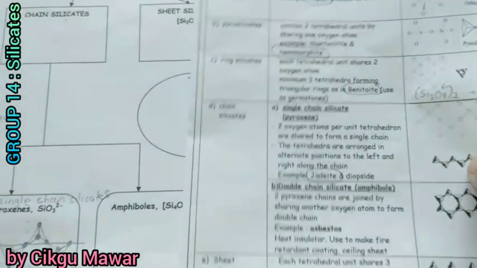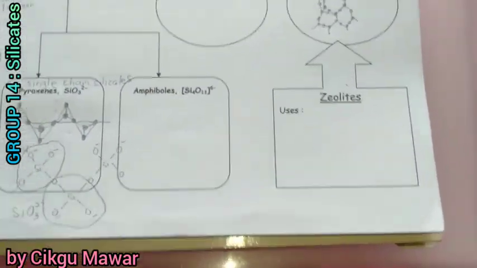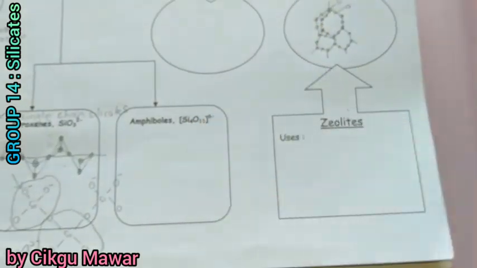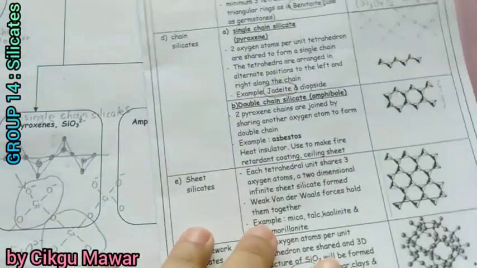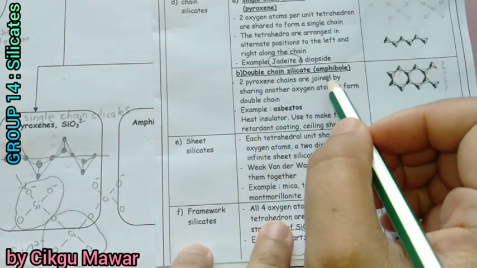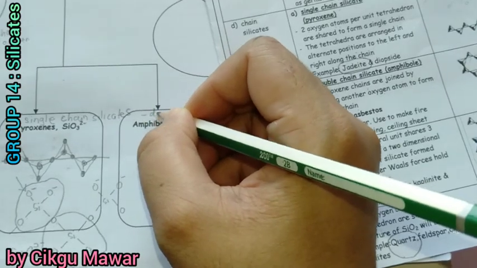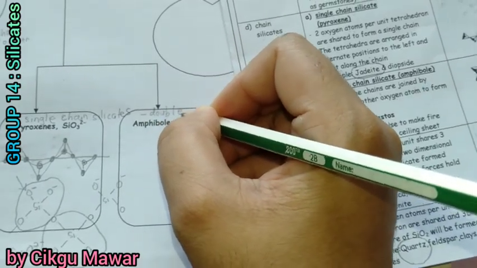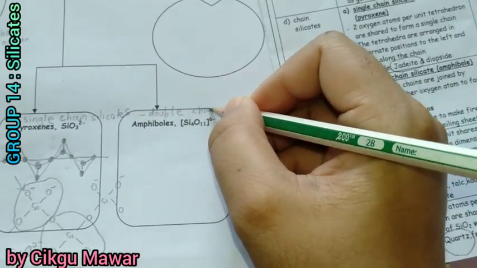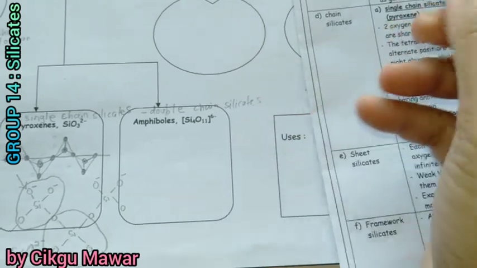Now let's draw the structure of amphibole. Because of the structure, amphibole is 2 pyroxene chains, so it has a double chain. Amphibole is a double chain silicate.